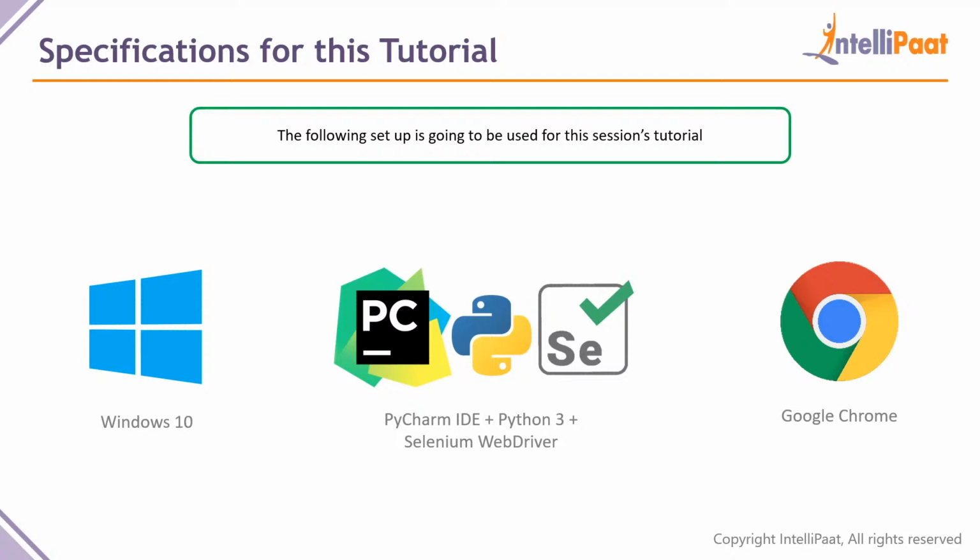Python, so I'm going to be using a Python 3 plus version, so 3.6 to be exact. And then Selenium, obviously, I'm going to be installing the Selenium web drivers. And then for the testing purposes, I'm going to be using the browser Google Chrome, but you can use Mozilla Firefox or Internet Explorer as well, but you have to install the drivers accordingly.